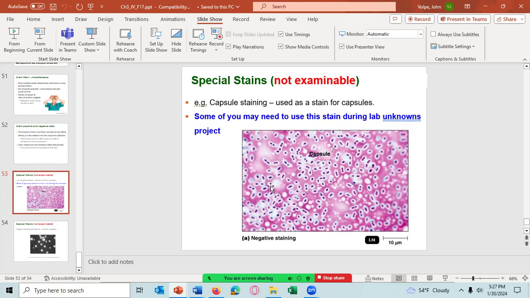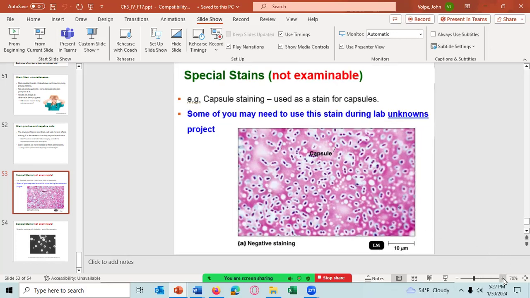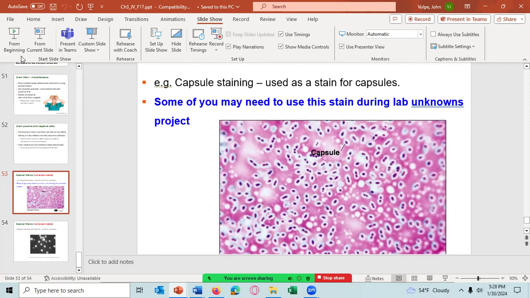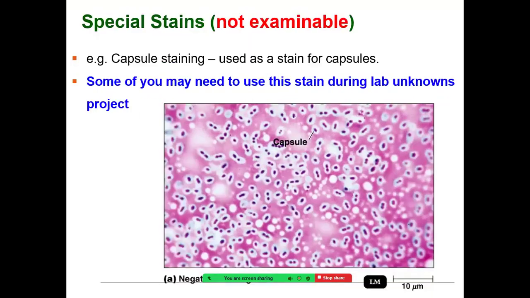It does not stain the capsule, and so the capsule looks clear, a clear zone around the cell. This is a capsule stain using probably two ink dyes, one staining the background, one staining the cell.